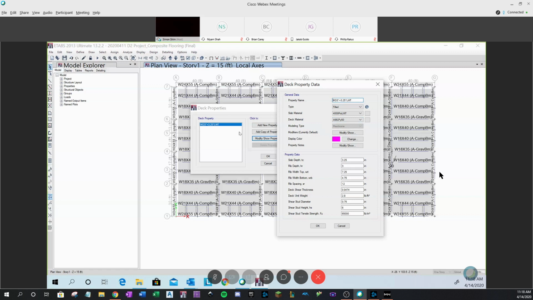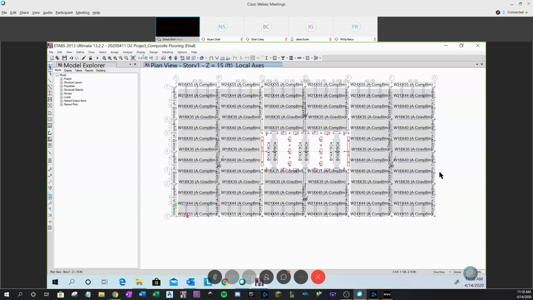So metal deck, typically we don't count on it. It's only a gravity frame. Once you use metal deck, the default is membrane, which is correct, and it distributes the load based on the metal deck directions.